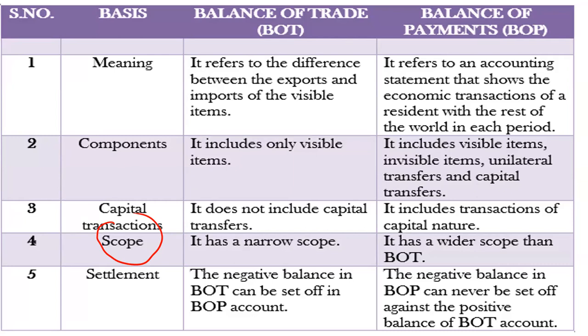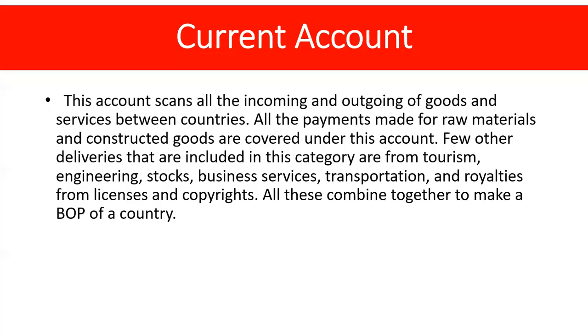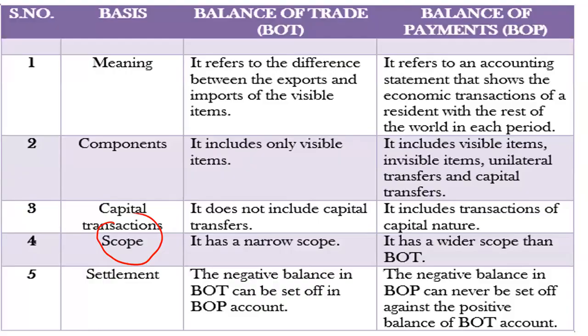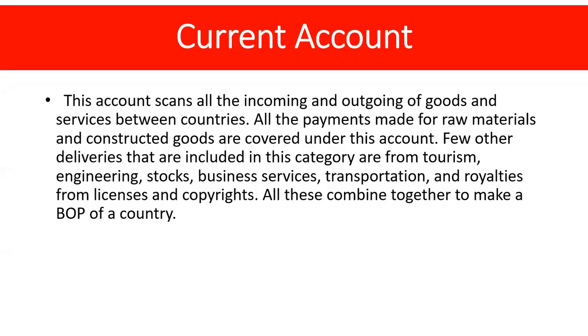Okay, I hope it's clear. Now let's understand the types of accounts which exist in the balance of payment. In this slide, you saw that three types of account exist: current account, capital account, and official financing account. So let's understand one by one.